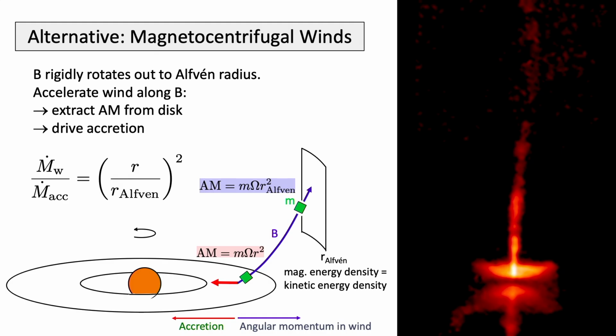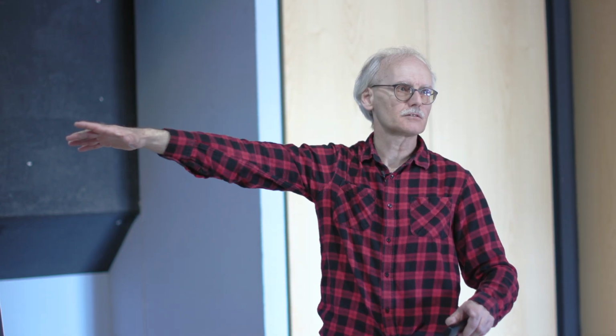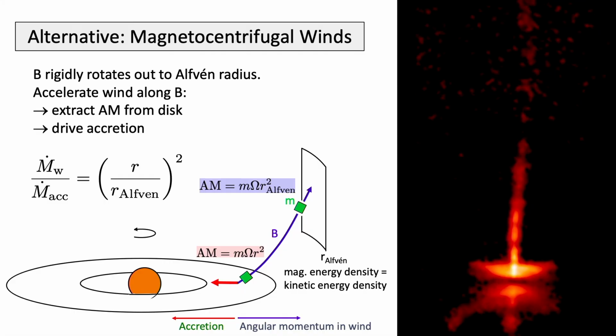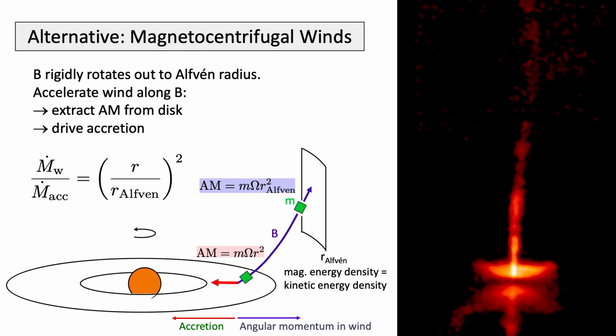This doesn't work anymore. Then the magnetic field line will not co-rotate anymore, it becomes bent, and the mass flow actually dictates where the magnetic field lines have to go, like in this little experiment here. So if this is called the Alfvén radius, if this is large enough, you can transport quite a bit of angular momentum, and you remove it from the disk.